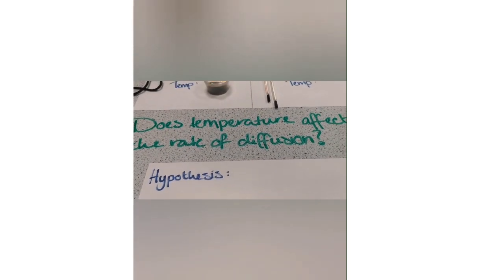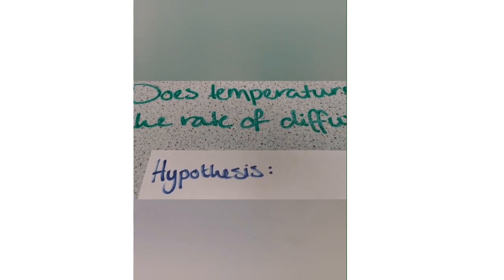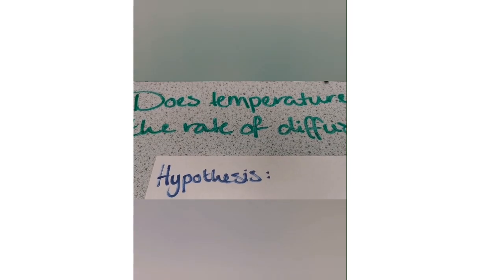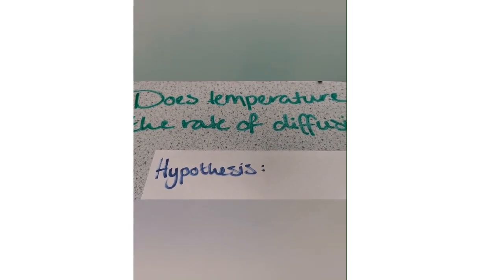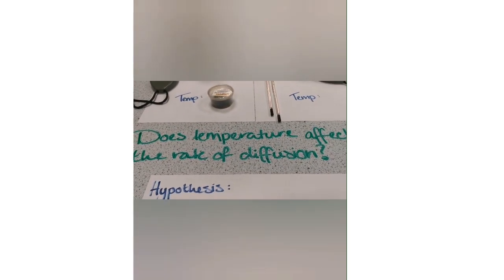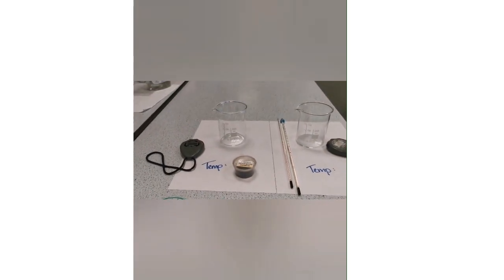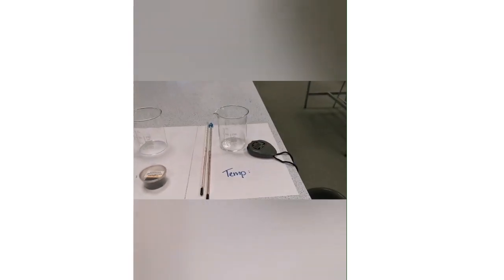So, the first thing I'd like you to do is write down hypothesis, spelled like this, and I'd like to hear your prediction. So your prediction is going to be something like, I think that diffusion will happen faster in either cold water or hot water.